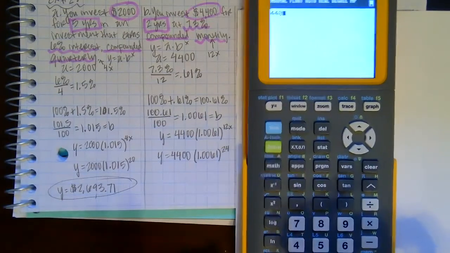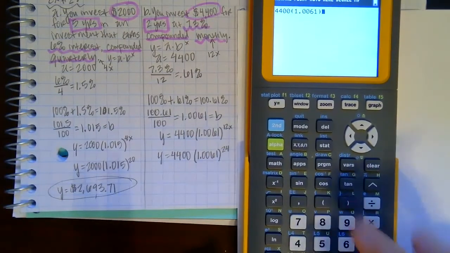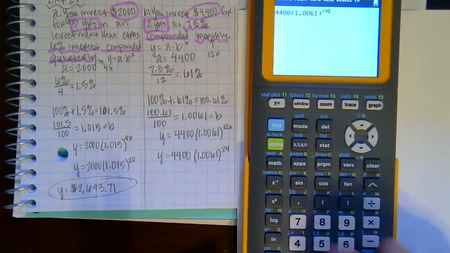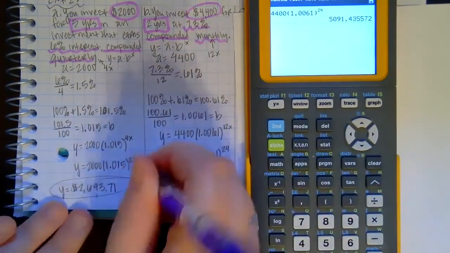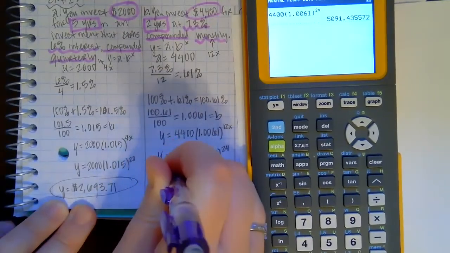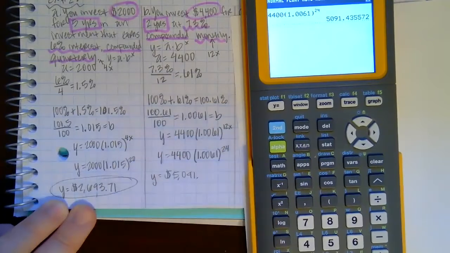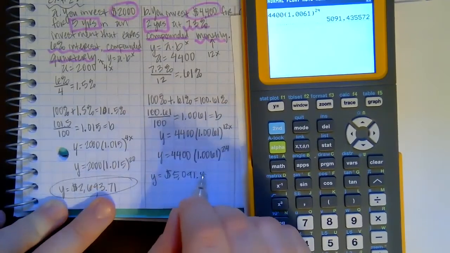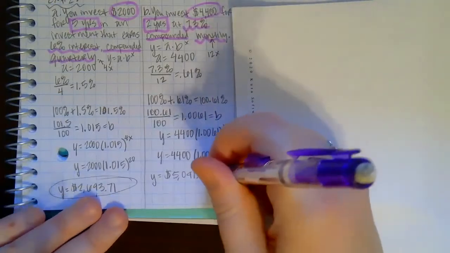So 4,400 times 1.0061 to the 24th. So I get, this is money still, $5,091 and 40, after the 3 is a 5, so I'll call it 44 cents.